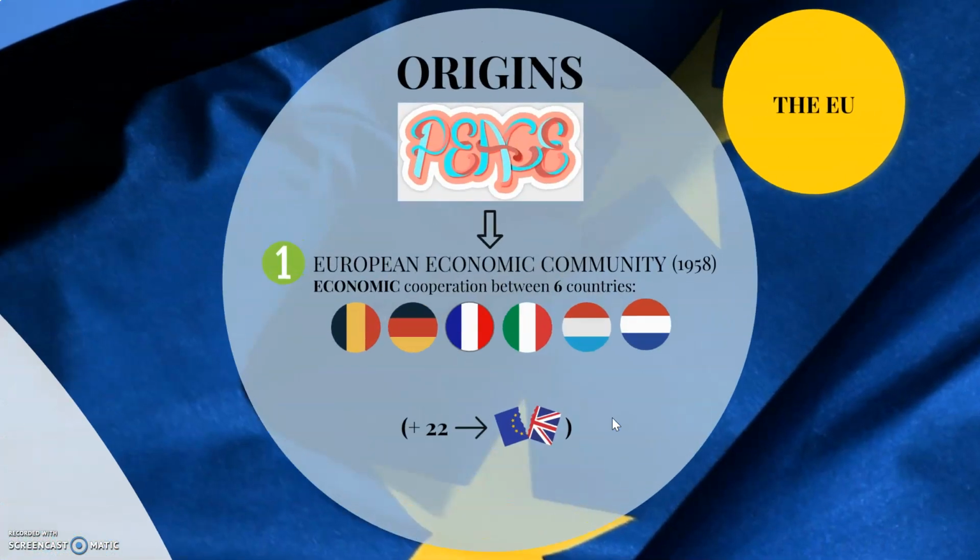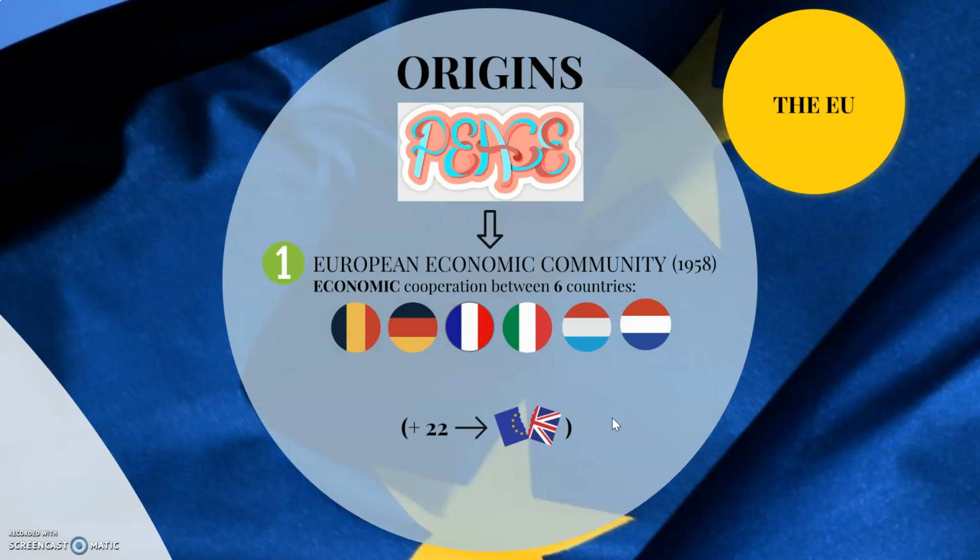The predecessor of the European Union at first was created in the aftermath of the Second World War in order to promote economic cooperation. So the idea was that countries that trade with one another become economically interdependent and so more likely to avoid conflict. So basically, this means that countries in Europe saw that it is better to work together than fighting against each other.